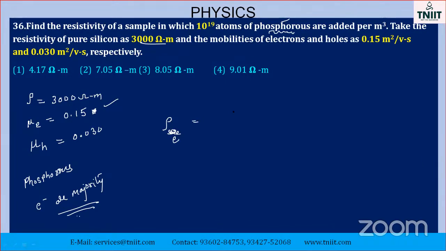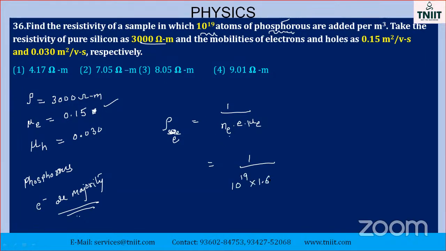So what's the formula for resistivity? It is 1 by n_e into e into mu_e, the mobility. So 1 divided by what is the number of electrons we are adding? 10 power 19 atoms, so that number of electrons will be there.